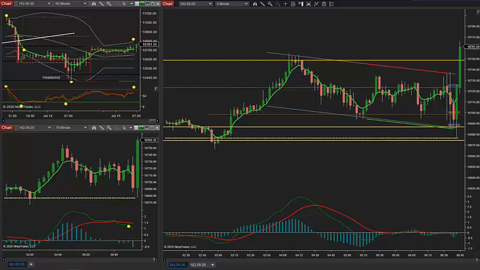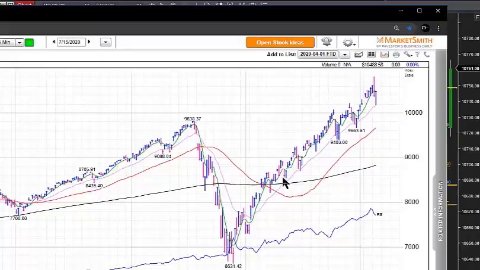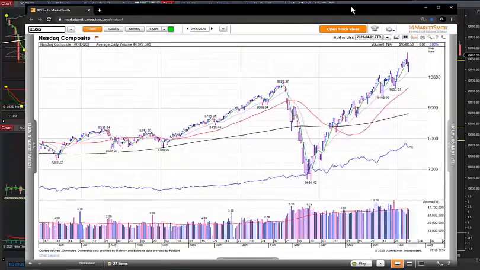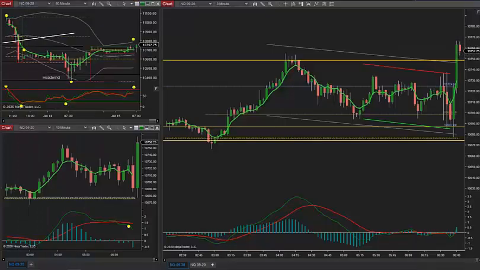The market's pretty happy about it today. The 20 EMA on the NASDAQ has been the boss moving average. See, it tested it 1, 2, 3, and yesterday 4 times. So it'll be interesting to see if that manages to hold and we have a rally.